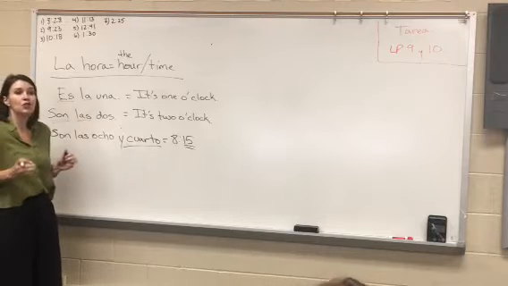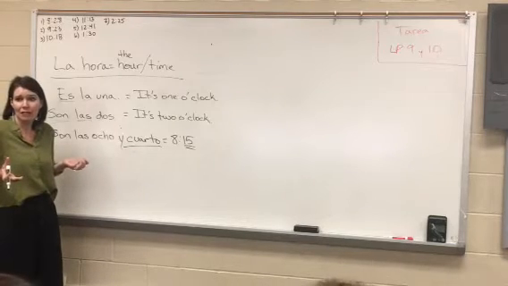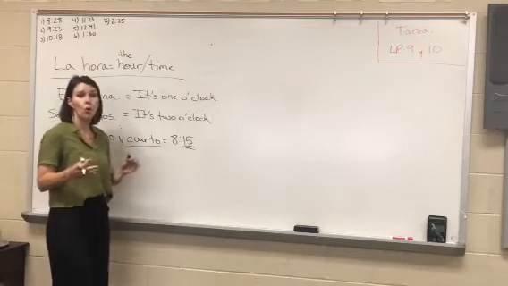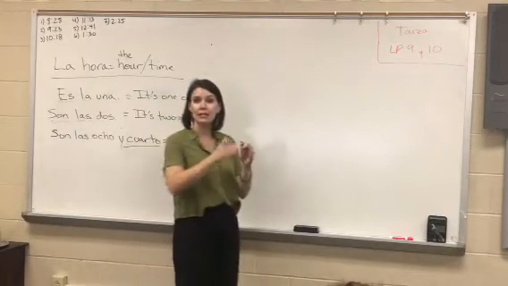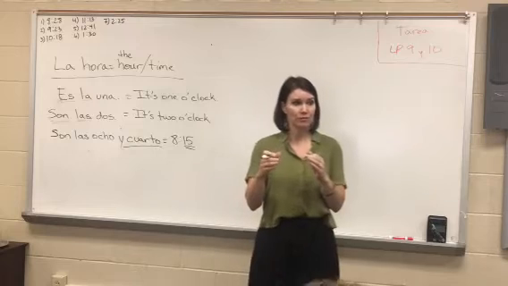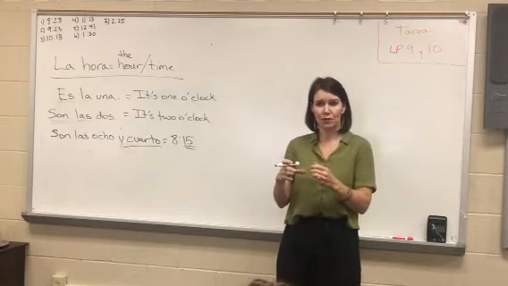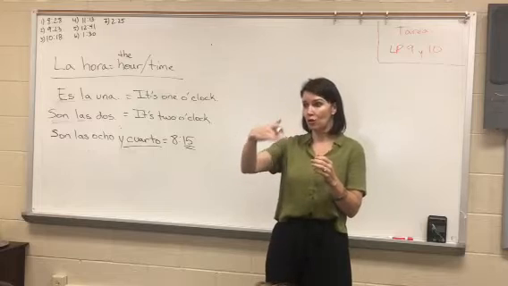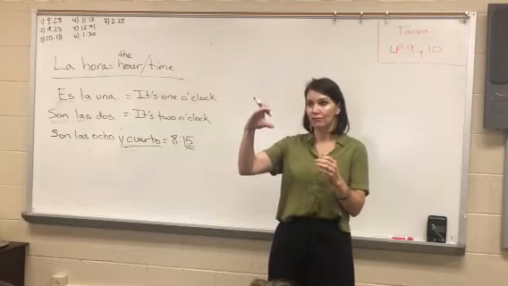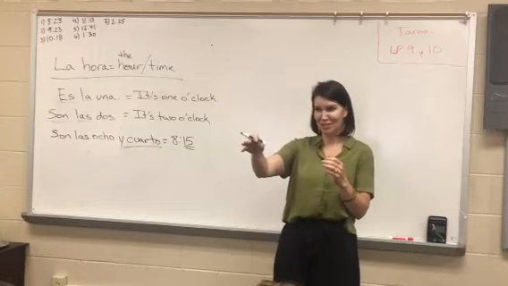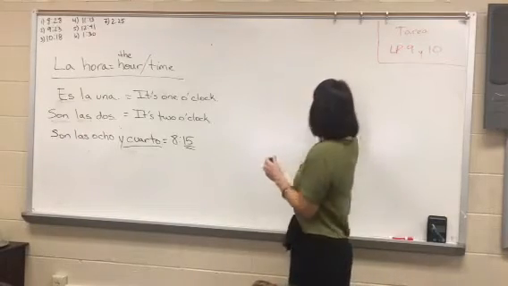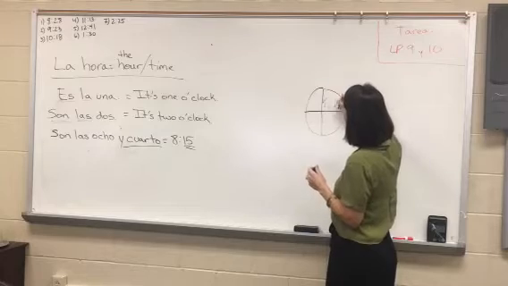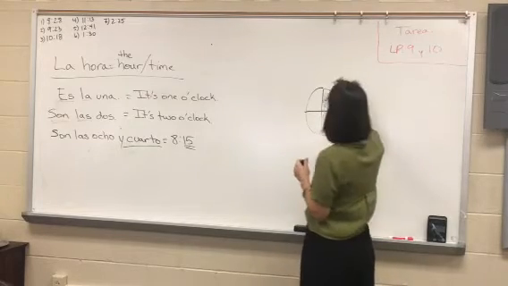Now it doesn't literally mean 15 because we know quince means 15. Cuarto literally means a quarter because 15 is a quarter of an hour. Do you know what I mean by a quarter? If you divide the clock into 4 parts, 1/4 of that is un cuarto, okay?